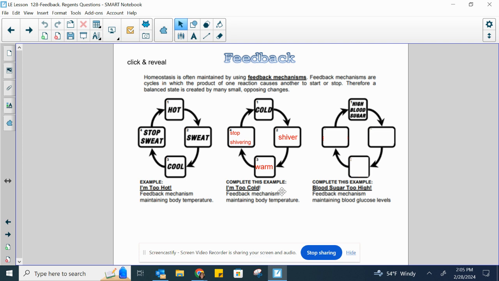If you have high blood sugar levels, the pancreas will release insulin that will cause the blood sugar levels to become lower. And if they get too low, the pancreas will release glucagon in order to maintain this equilibrium.